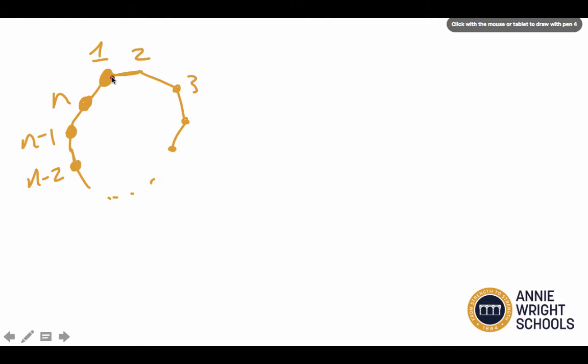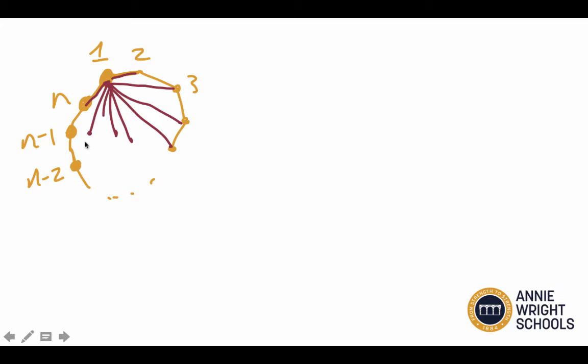Now if I start drawing the diagonals, these two don't count as a diagonal, they're right next to each other. But there are as many diagonals from 1 going to all of these points as n minus 2, not this point and this point. So that's where the n minus 2 comes from. For any n-sided shape, you can create exactly n minus 2 triangles. And then you multiply that by 180, because we know the interior angles of a triangle add up to 180. So you've got to be able to use those.